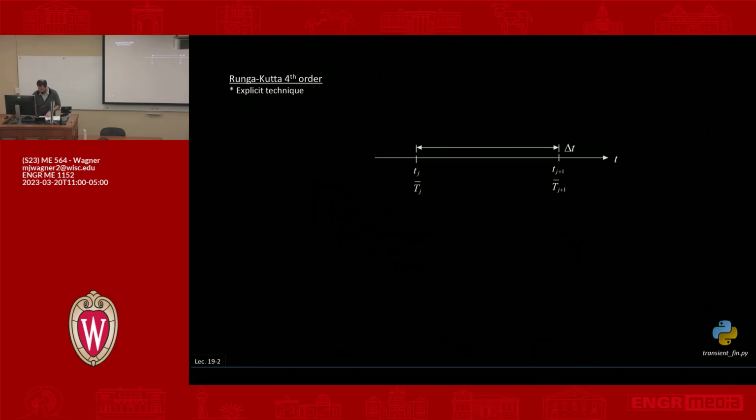If you remember, what we're trying to do is, let me just make a note over here on the right-hand side. We want some function, and we're going to make this a vectorized function. That means the function applies to every element in the vector. So we want some function of the current temperature vector and the current time that gives us back dT1/dt, dT2/dt, and so on up to dTn/dt.